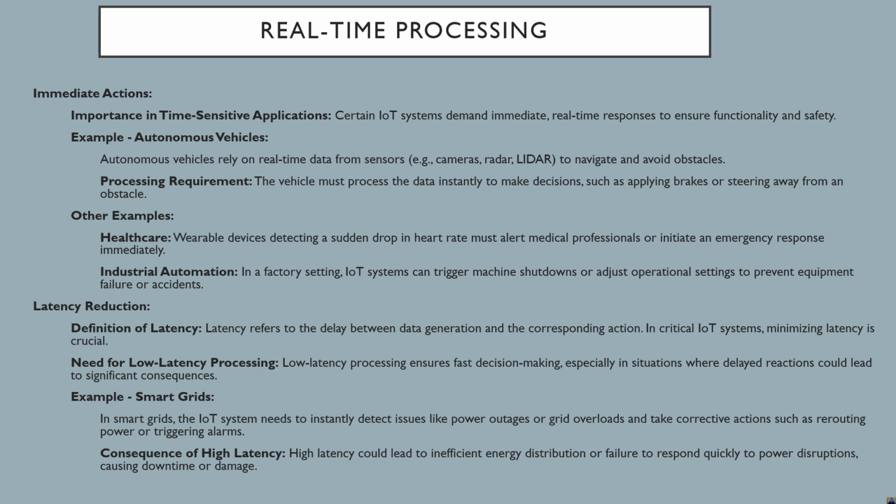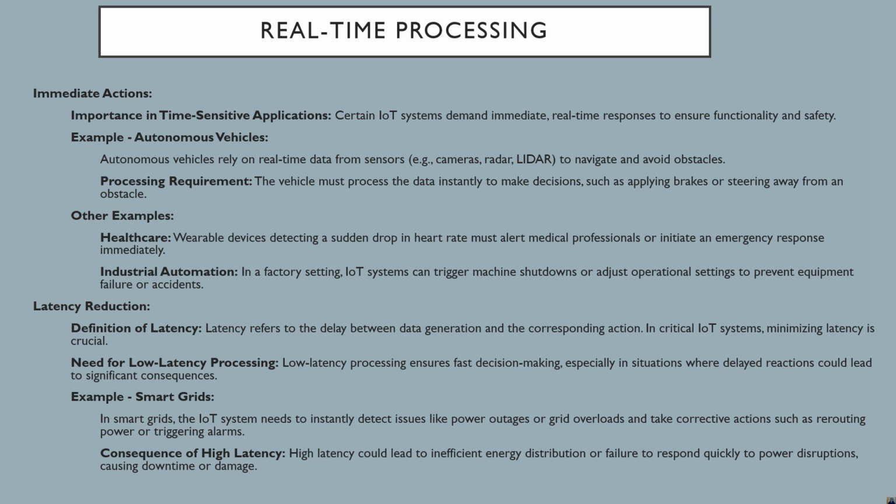The vehicle must process the data instantly to make decisions such as applying the brakes or changing direction. Other examples include healthcare, where wearable devices detect a sudden drop in heart rate and must alert medical professionals. And industrial automation, in a factory setting, IoT systems can trigger machine shutdown or adjust operational settings to prevent equipment failure or accidents.